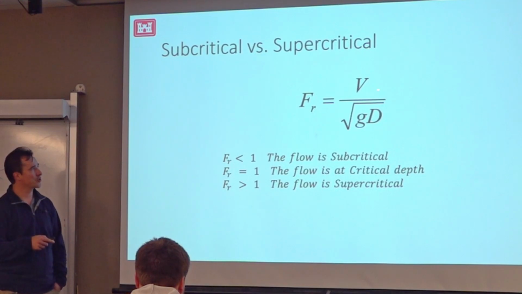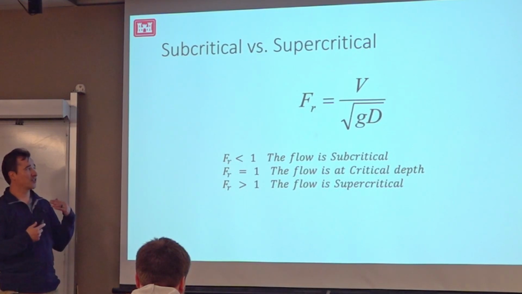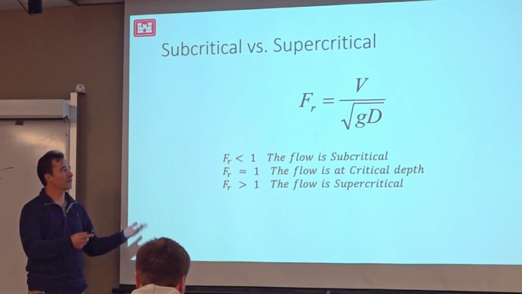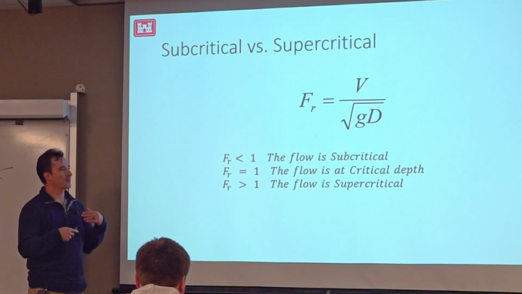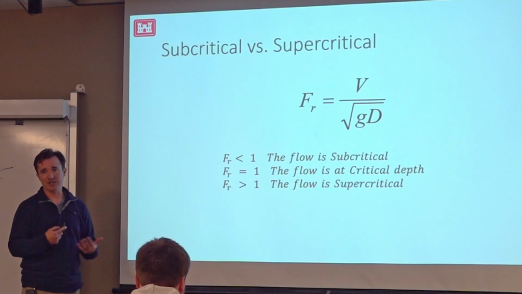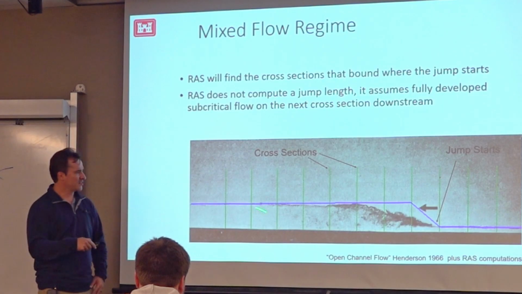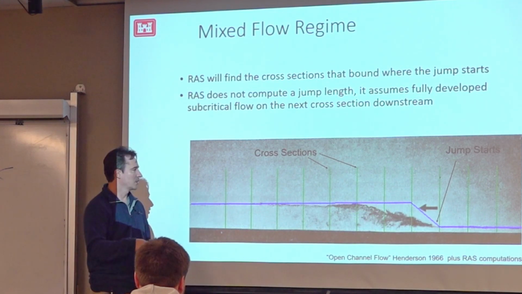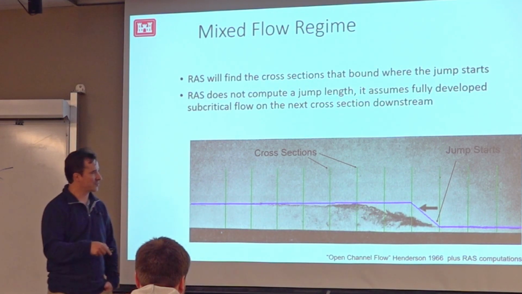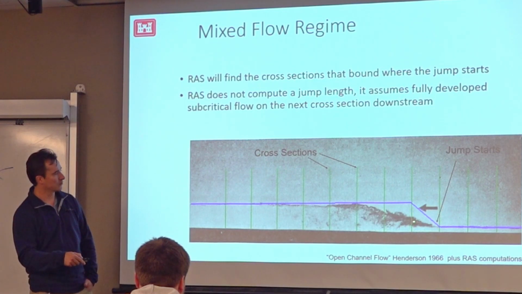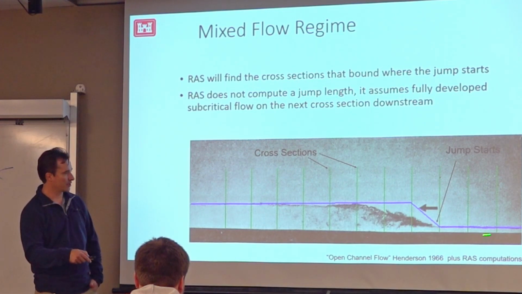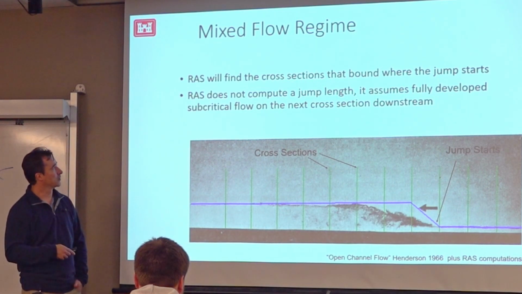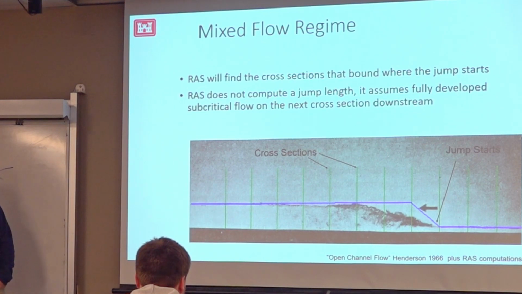So it's just a ratio of how fast the current is moving over how fast the maximum wave speed could be under those conditions. This is a flume experiment where there's gradually varied flow and then there's a hydraulic jump. It happens over several cross sections. This is rapidly varied flow, and this is gradually varied flow here. And we'll talk more about mixed flow later during the week.